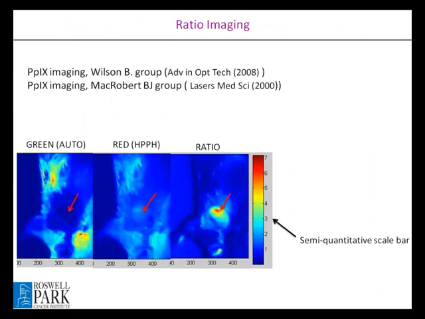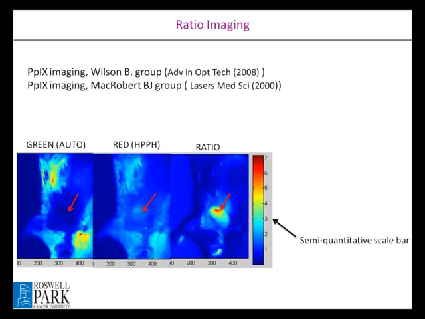The Wilson group has pretty much worked on this, and the Europe group also worked on it, the Macrobot group. So they applied PP9 imaging quite well, and you can get semi-quantitative analysis. So, for example, this is camera-based planar imaging. You have the tumor around here.